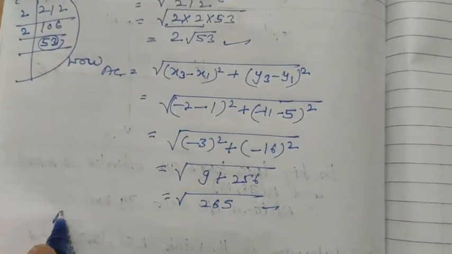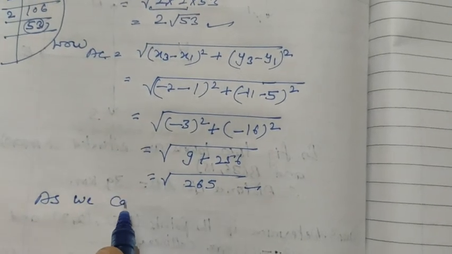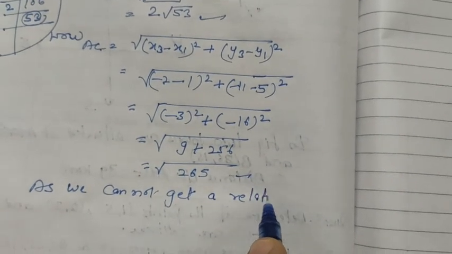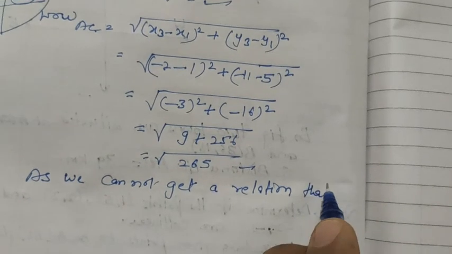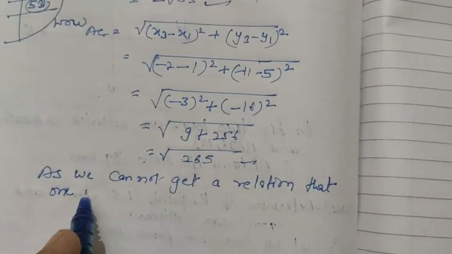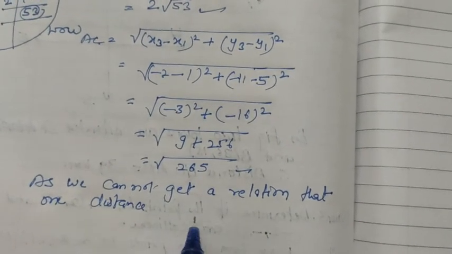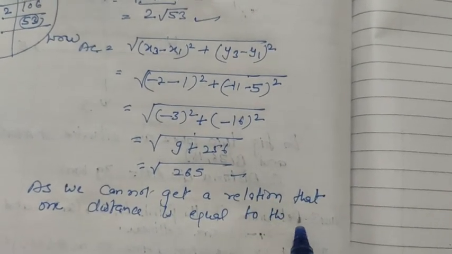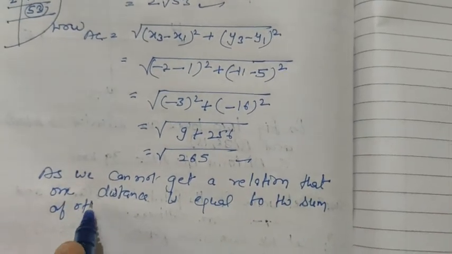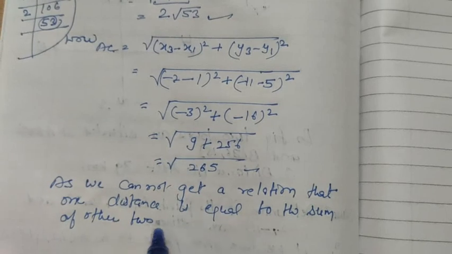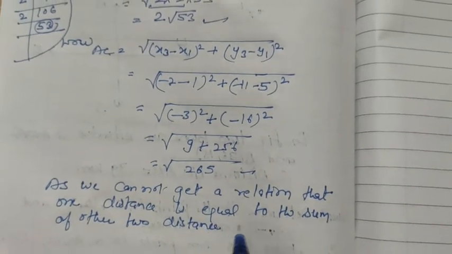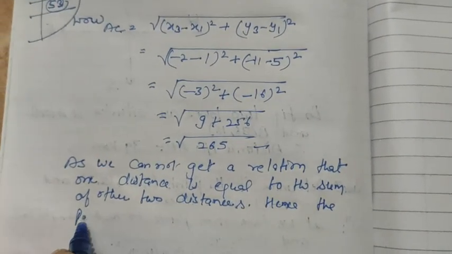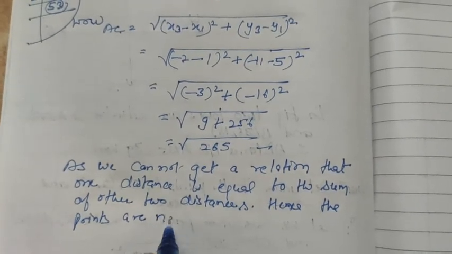We can say that we cannot get a relation that one distance, either AB, BC or CA, is equal to the sum of the other two distances. Hence the points are not collinear.